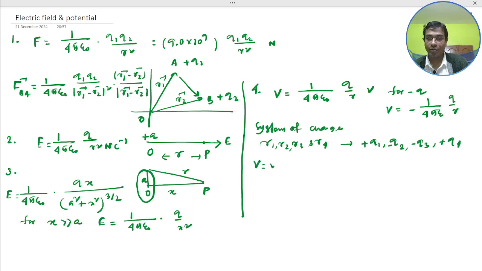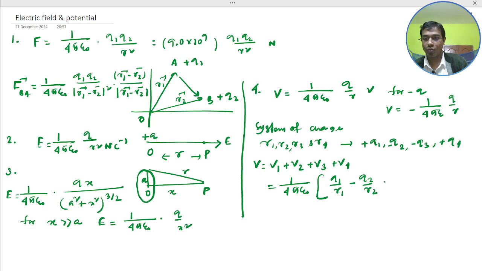The total potential V is V1 plus V2 plus V3 plus V4, equal to 1 by 4 pi epsilon naught times Q1 by R1 minus Q2 by R2 minus Q3 by R3 plus Q4 by R4.